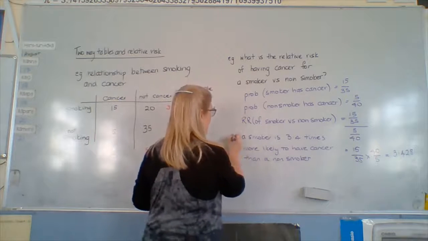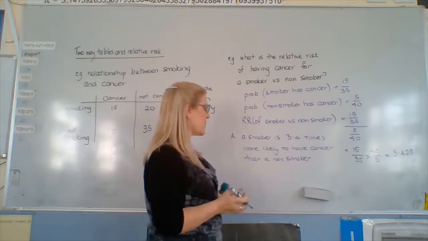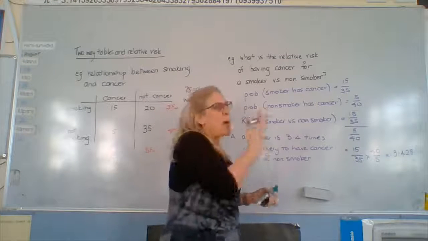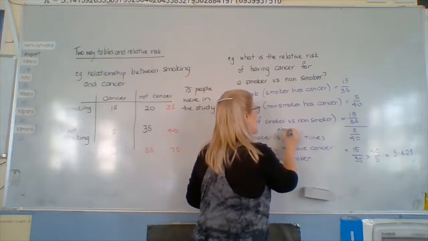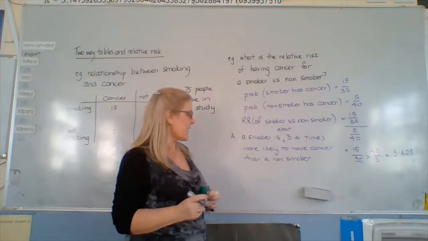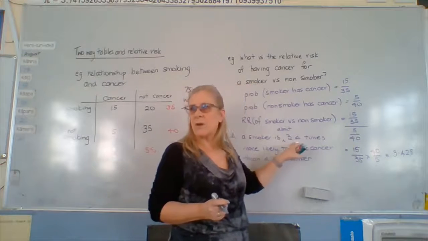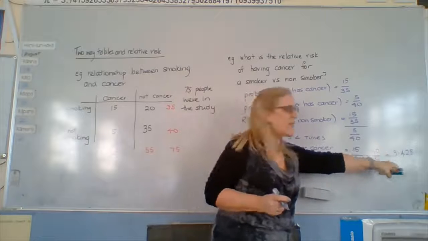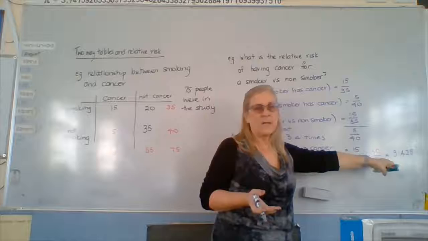So the answer, a smoker is about 3.4 times more likely, and we could have that word about in there just to cover the fact that it's not exact. About 3.4 times more likely to have cancer than a non-smoker. With the evidence though, pretty sure you're not going to get that wrong, because the evidence is there that you know that that's the actual number, 3DP, whatever. All right.